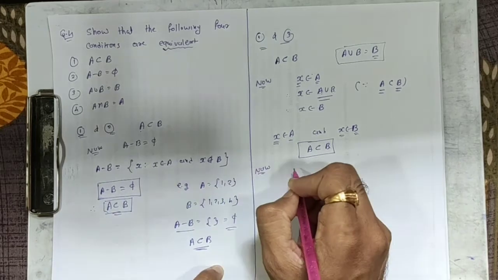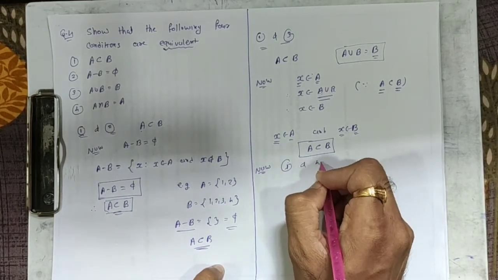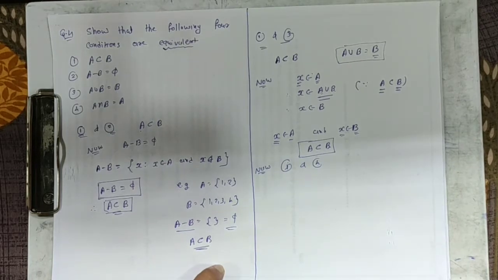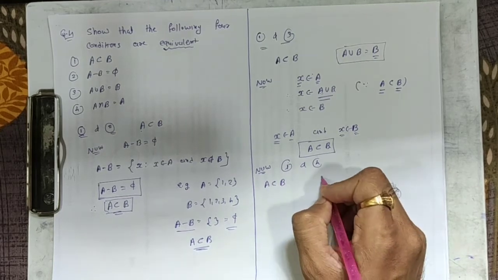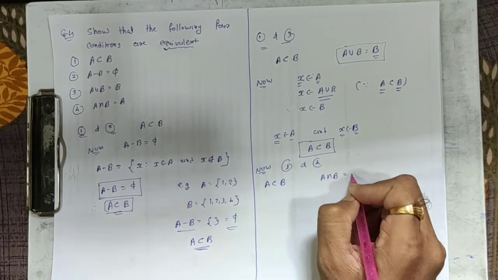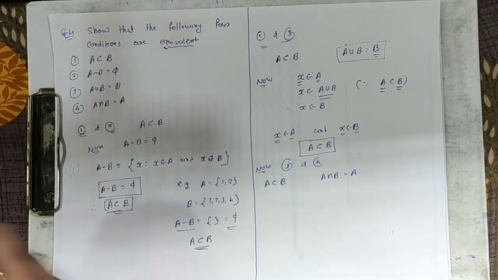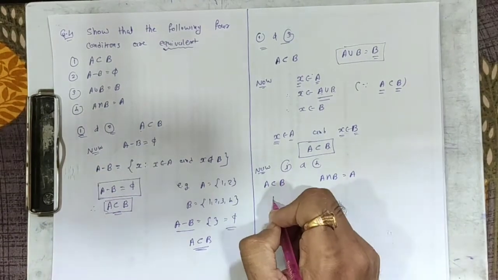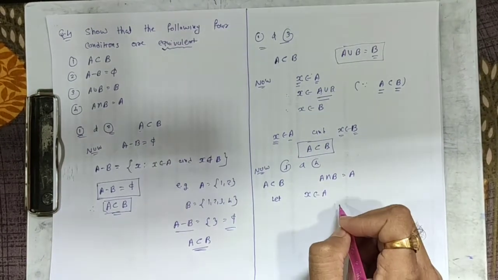Now we'll compare condition number 1 and condition number 4. Compare 1 and 4. It's A subset of B and A intersection B equals A. So again we will start with the given. Let x be an element which belongs to set A. Done?